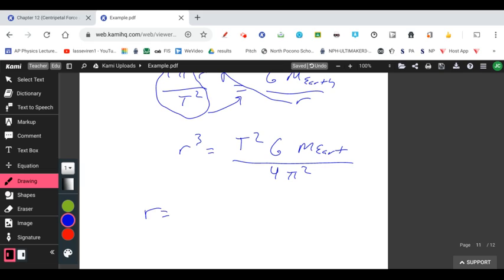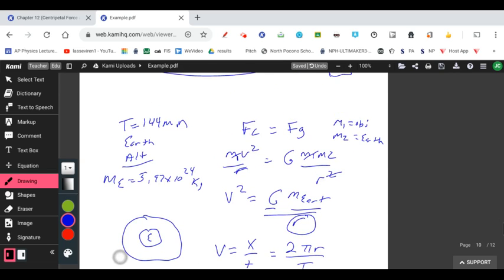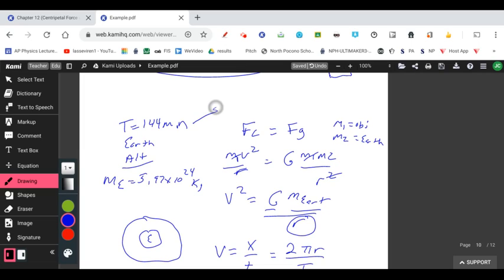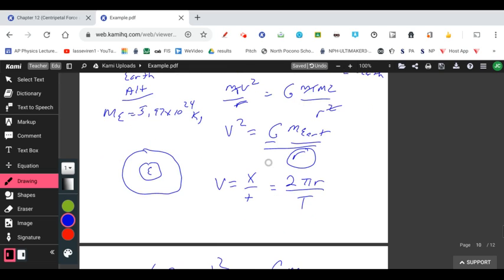I now plug in the values that we had at the top. So r is equal to the cube root of t squared. 144 minutes should get converted into seconds. 144 minutes is about 8,640 seconds. Make sure you do that conversion.